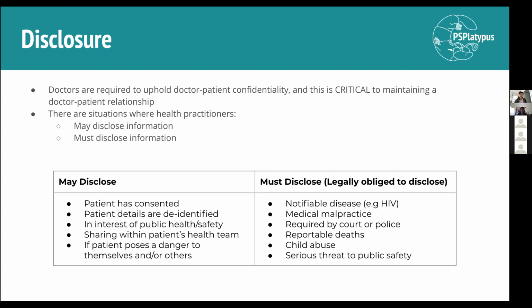If it's in the interest of public health and safety, for example, if a patient has a communicable disease and they have a partner that it may result in harming, you're allowed to disclose it. You can also share it with the patient's healthcare team, as of course you can't help the patient if the other people in the treating team do not know what's happening, or if the patient poses dangers to themselves and or others.